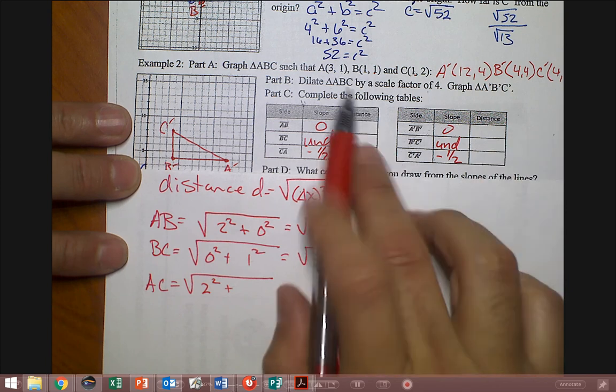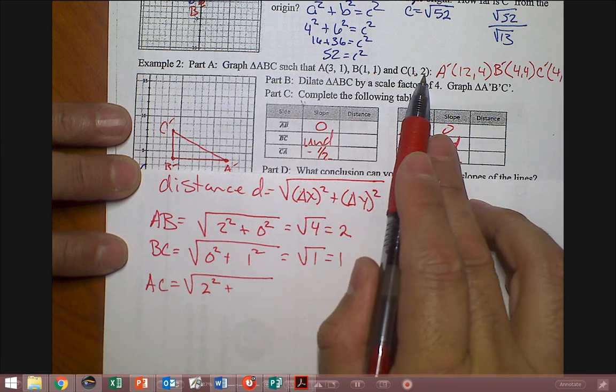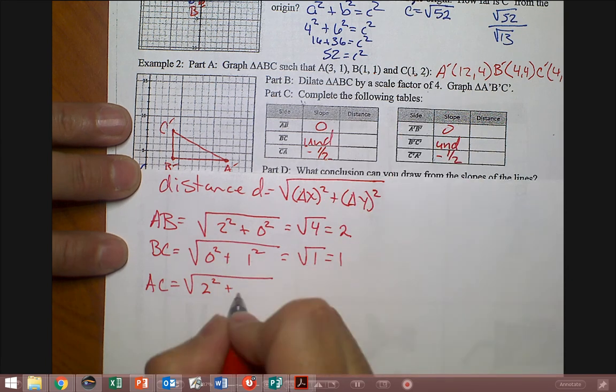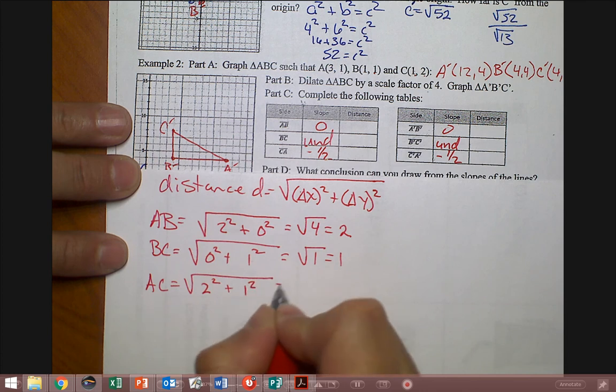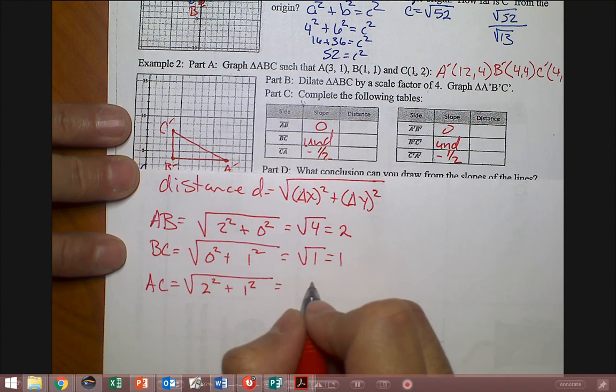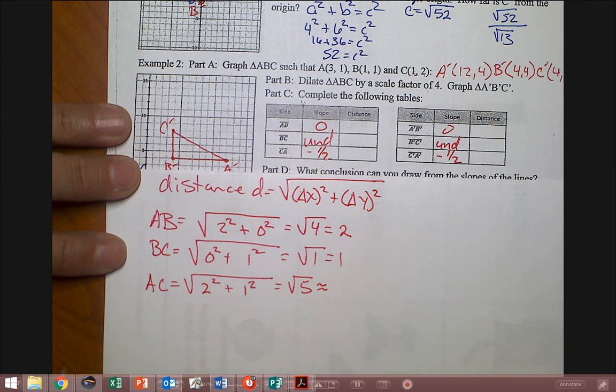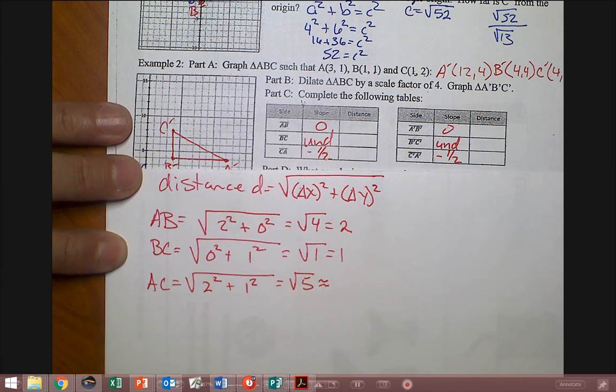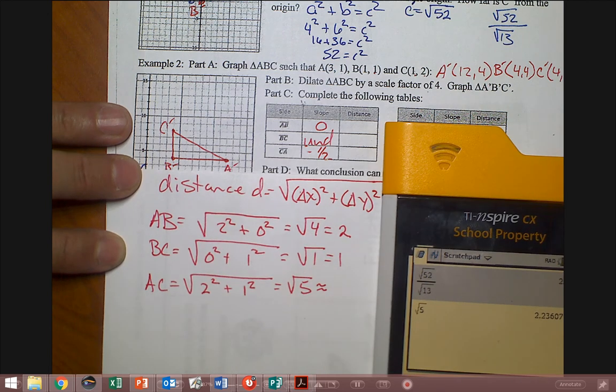How far is 1 away from 2? 1 squared. So 2 squared is 4 plus 1 is 5, right? So that's the square root of 5, which is approximately 2.24.